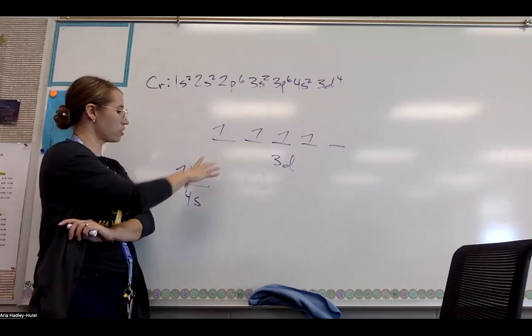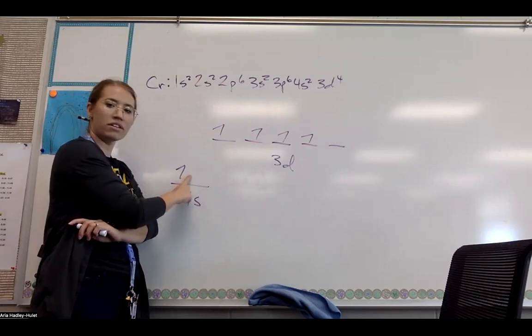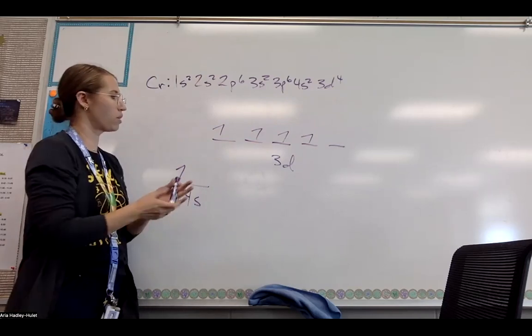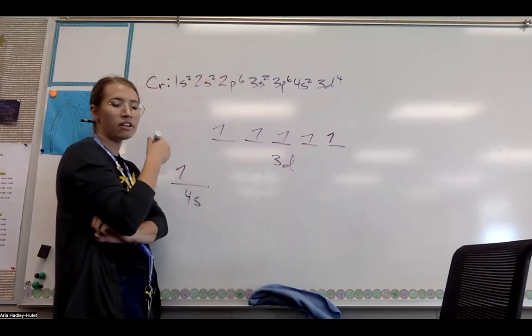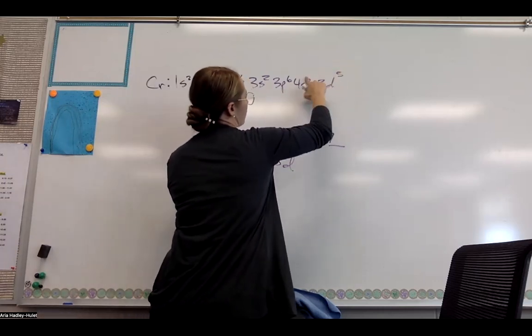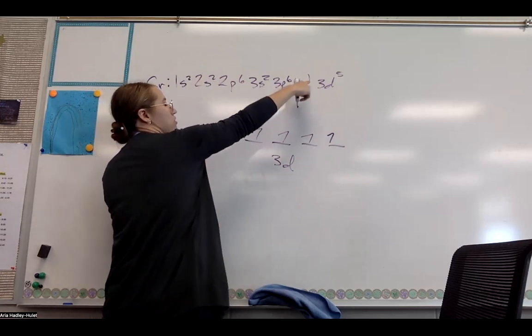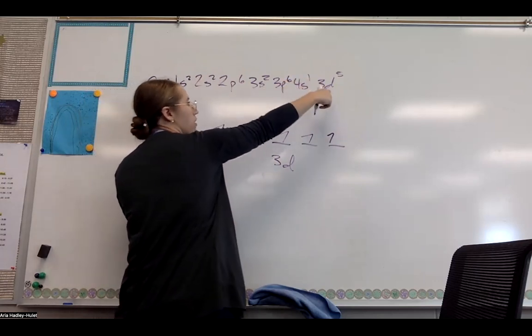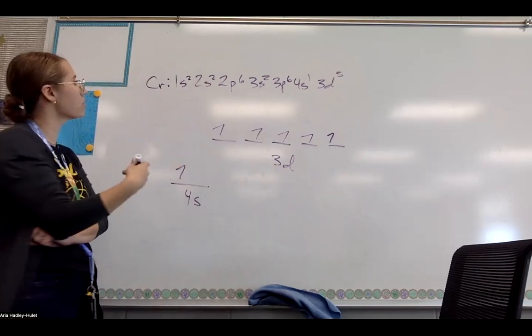So what occurs, the atom can achieve greater stability if one of these electrons moves from the 4s and goes to the 3d. The other term I've heard for this is the d5 exception, because it's going from 4s2, it changes to 4s1 and then 3d5, and that's the correct electron configuration.